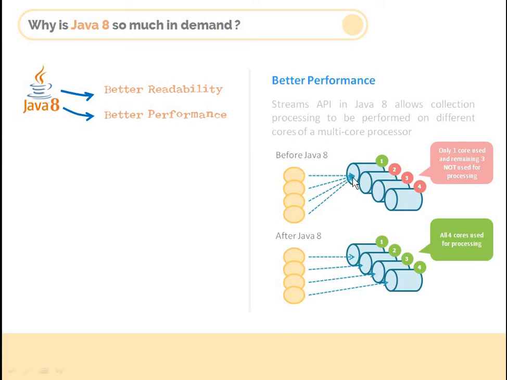So you can see in this diagram, on the top, before Java 8, only one core was used for processing the data, and the remaining cores were not used. But after Java 8, you can see the entire data processing is uniformly distributed across different cores, so it saves a lot of cost in hardware upgradation.